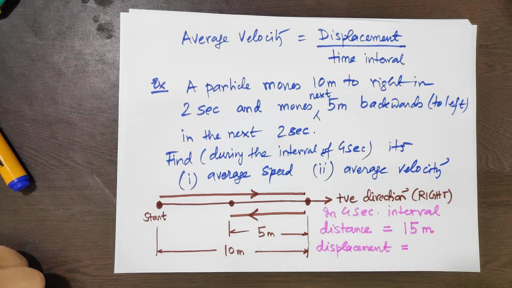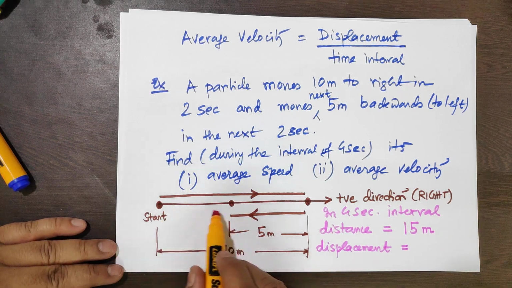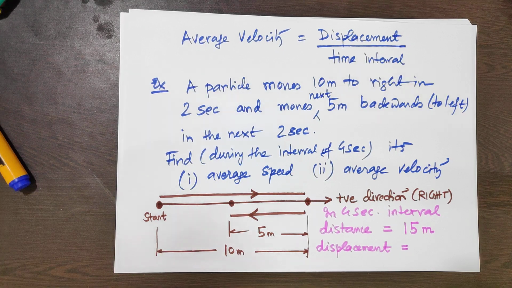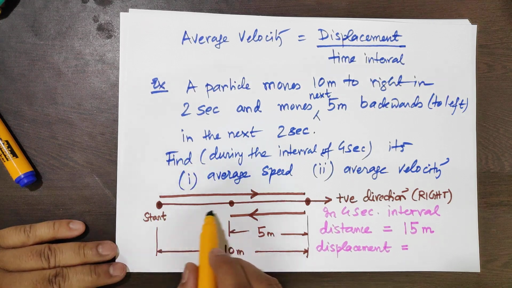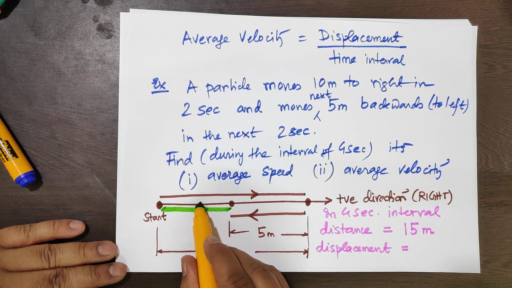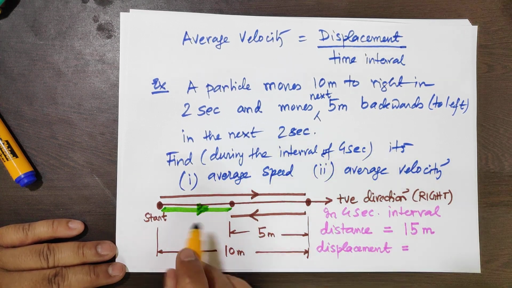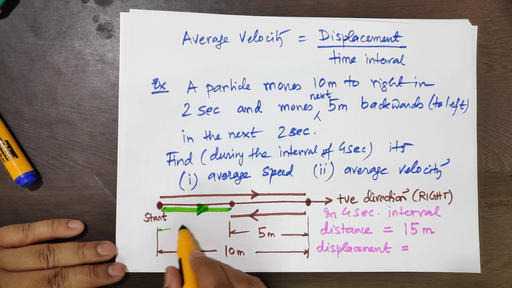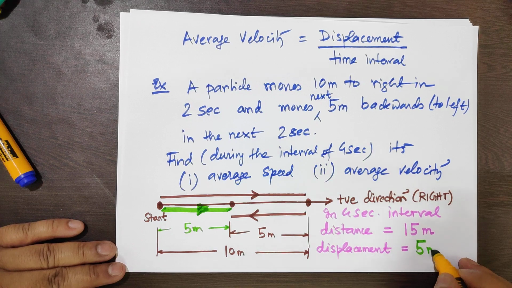It is the line joining the initial position to the final position. So that's the displacement. See here, this whole thing is 10 minus 5, so that's 5 meter. So displacement is equal to 5 meter.